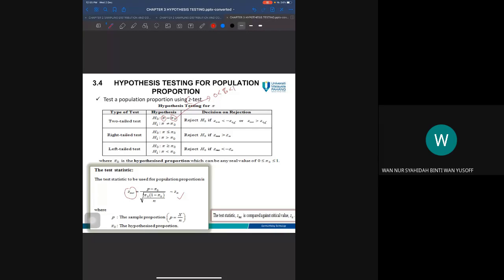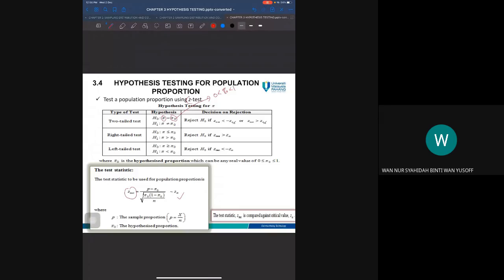Whenever you have the probability or percentage of something in the sample data, it is the proportion. No need to convert into x and then divide by n to get back the p. Sometimes you will end up with a different p from what we gave you in the question.